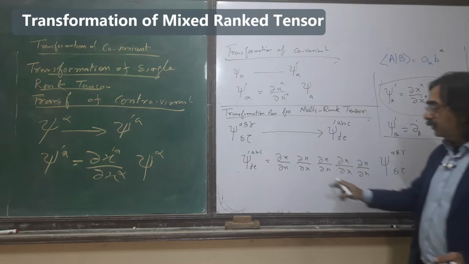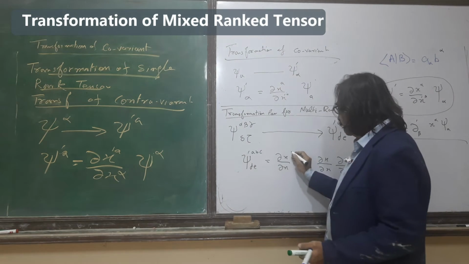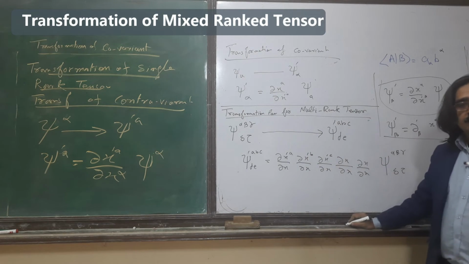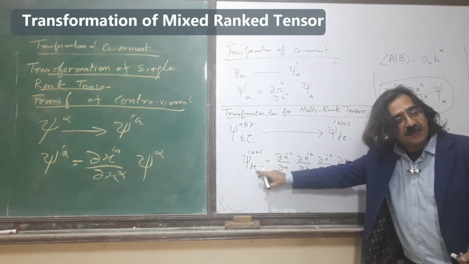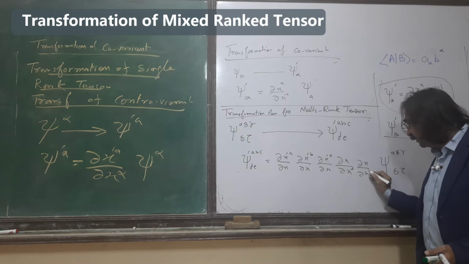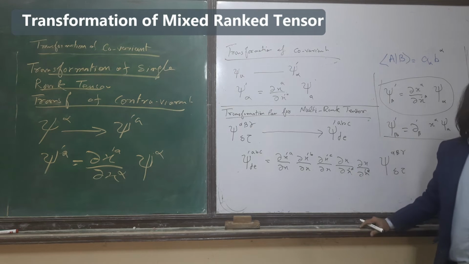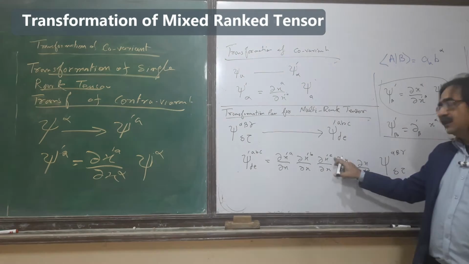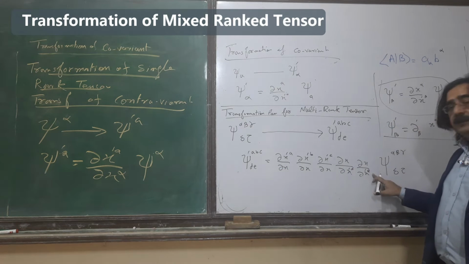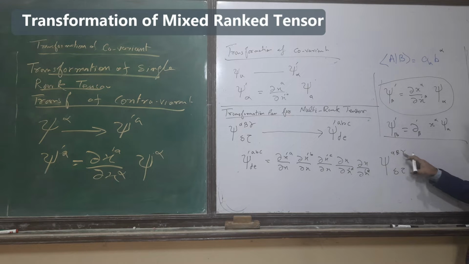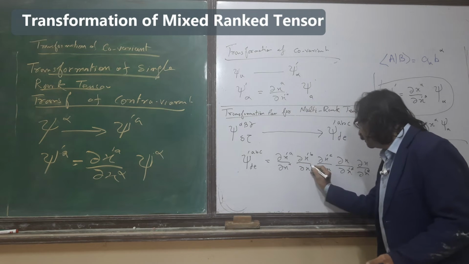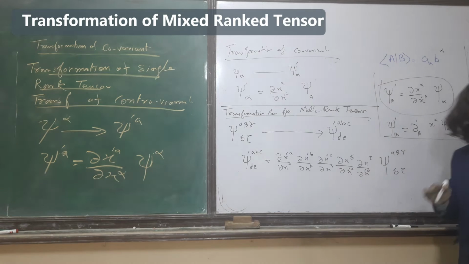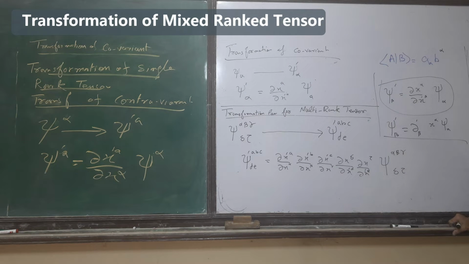Now, firstly write this, and this is A, B, C with bar. Then D as a subscript, so it will come here: D, E. Clear? Again, A, B, C, D, E. Here this is a superscript, so it will come in the denominator.